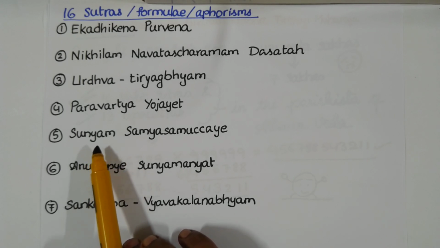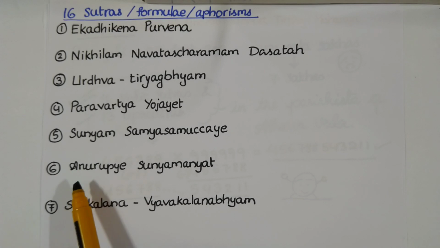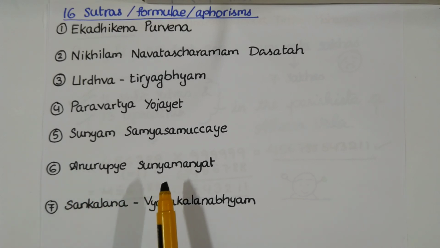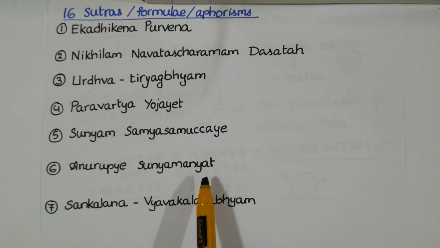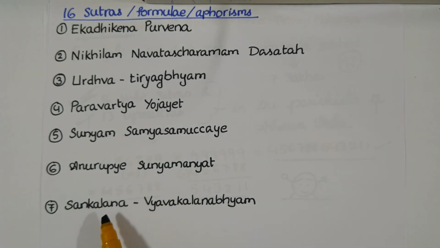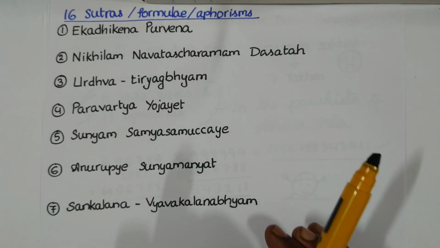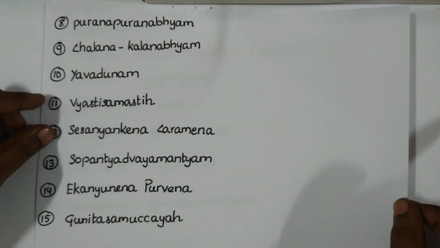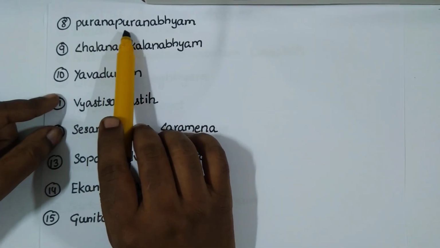Fifth, Shunyam Samyasamuccaye. Sixth, Anurupye Shunyamanyat. Seventh, Sankalana Vyavakalanabhyam. You can repeat after me. Eighth, Purana Puranabhyam.